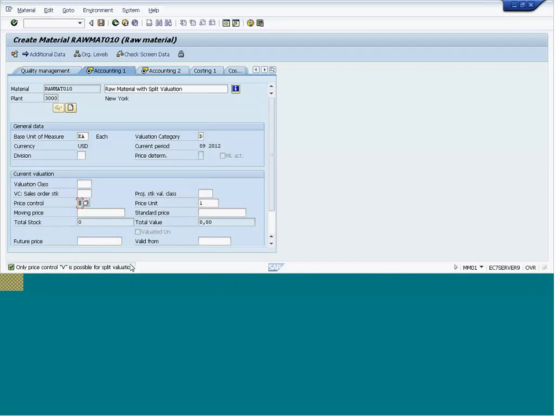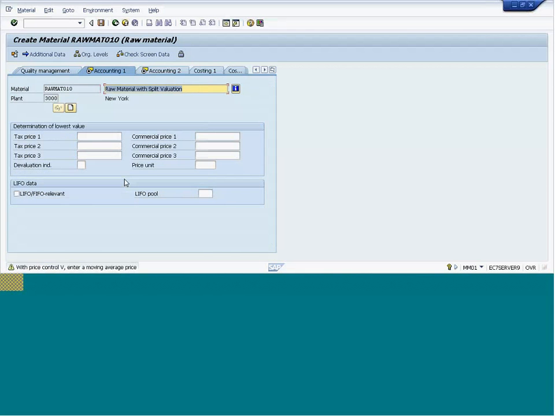But at the split level, it can be any price control, S or V. At the higher level, this is the higher-level material. So let me change this to V, with no change in the price. I don't even require to maintain the valuation class here.